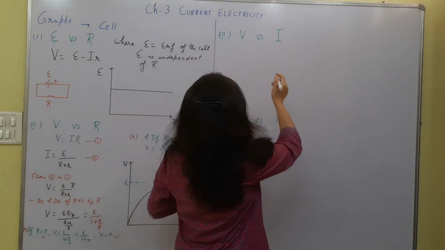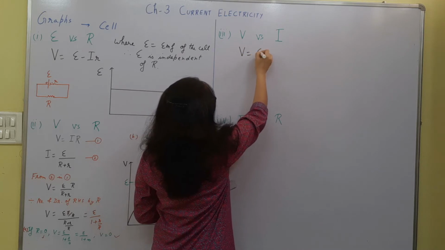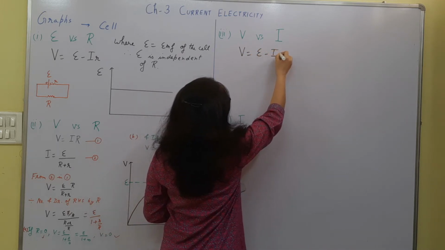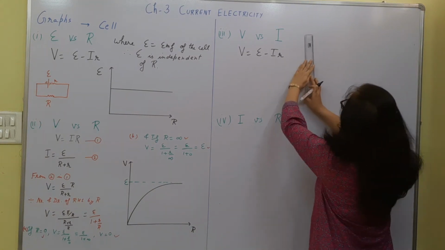For this, we know this formula, V is equal to E minus IR. On the basis of this, we can draw the graph like this.